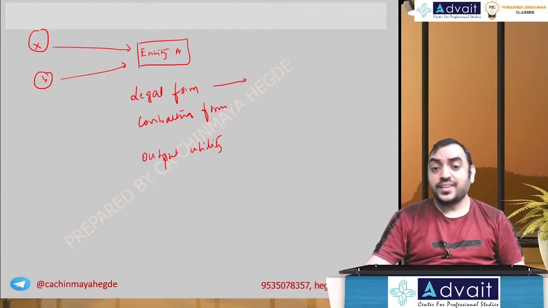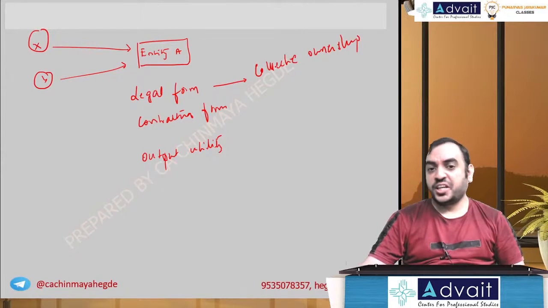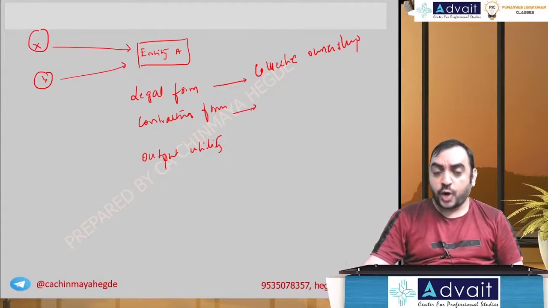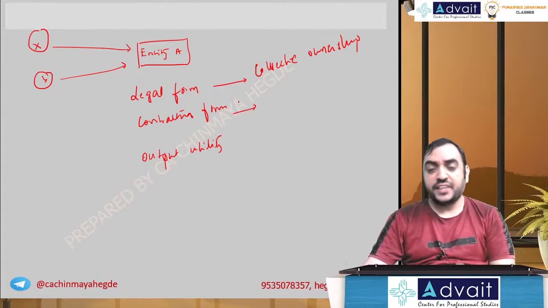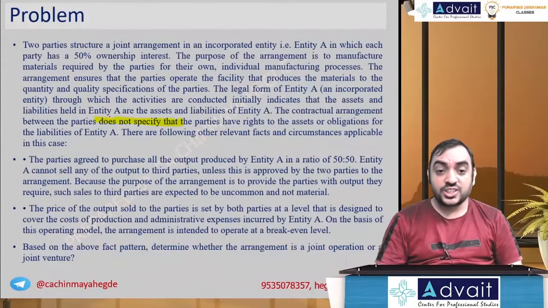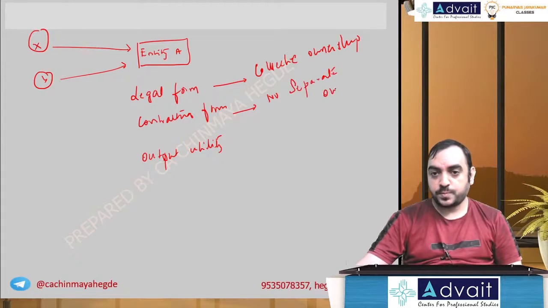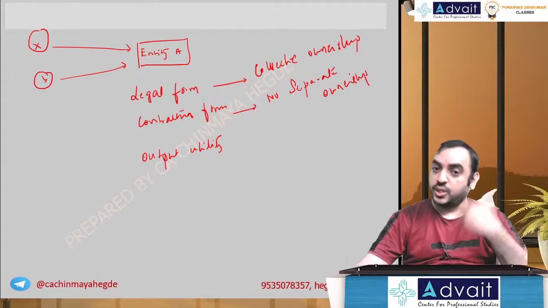Legal form: it's a separate entity, so it's collective ownership, no individual ownership. Contractual form: we have also identified there is no individual definition of it, that is, it does not specify the parties' rights to assets and obligations. So there is no separate ownership of assets and liabilities, which means this is also collective ownership.